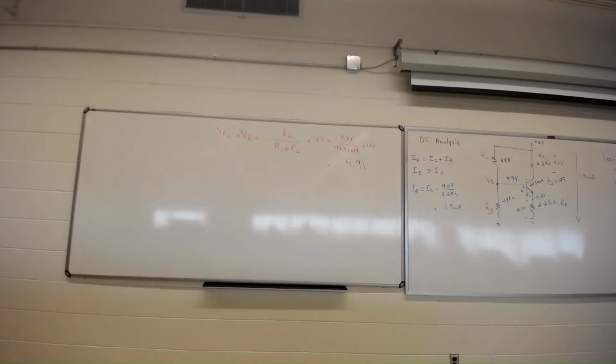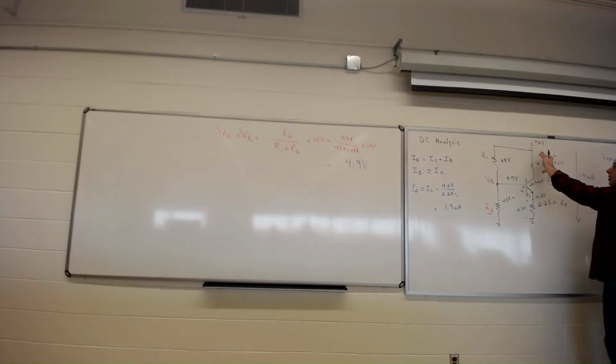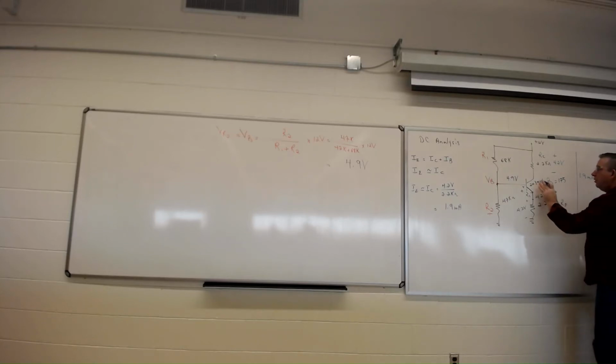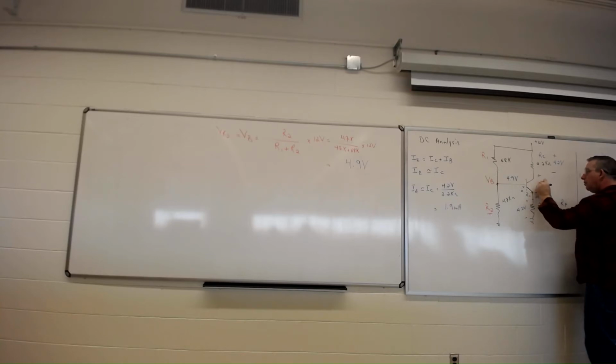What do you get? Because you have 12 volts, you've lost 4.2, and you've lost another 4.2, that gives you the voltage from collector to emitter: 3.6 volts.